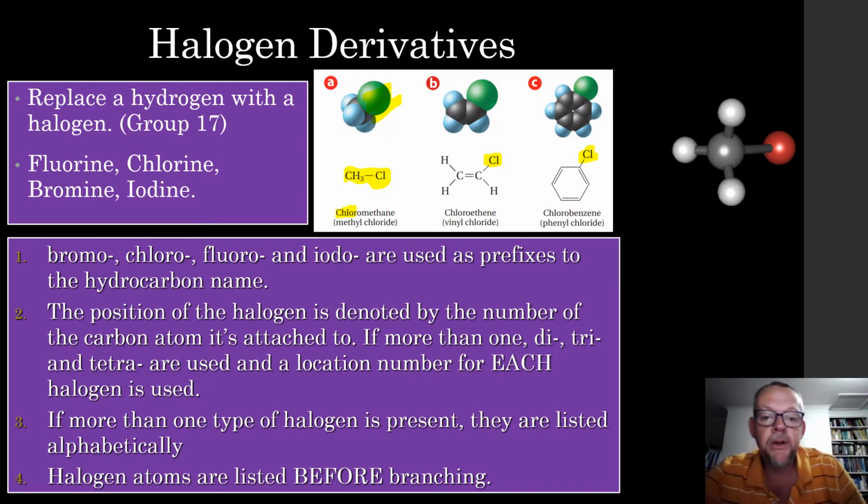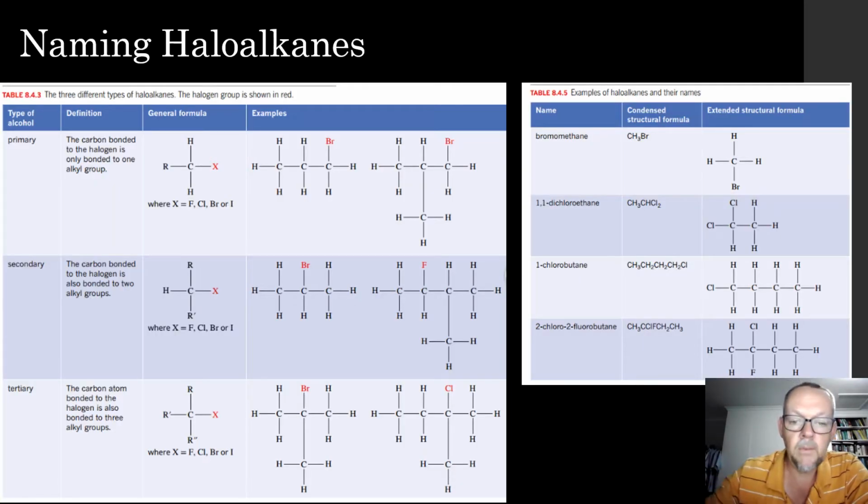Now, if more than one type of halogen is present, they're listed alphabetically, and halogen atoms are listed therefore before the branching. So if we want to name some haloalkanes here, we can have a primary, a secondary or a tertiary type of haloalkane. Now, primary is just when the halogen is attached to one carbon and then the next carbon is not attached to any others.